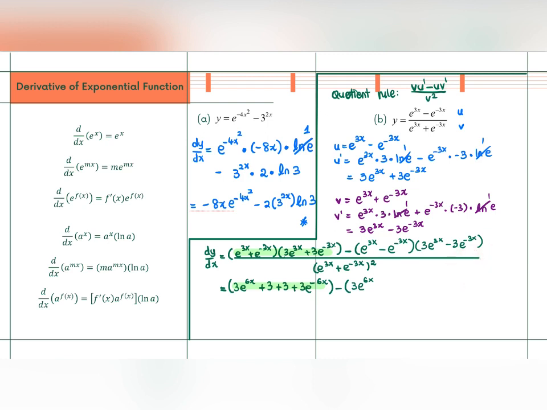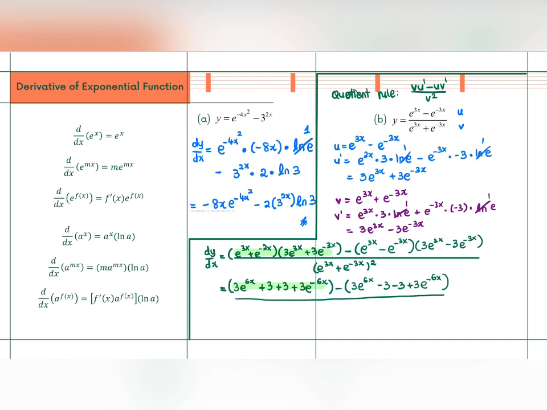So kita dapat negatif 3. And then this part darabkan dengan this part pun sama, dapat negatif 3. And then negatif e negatif 3x darabkan dengan negatif 3e negatif 3x. Negative times by negative dapat positive 3e to the power of negative 6x.